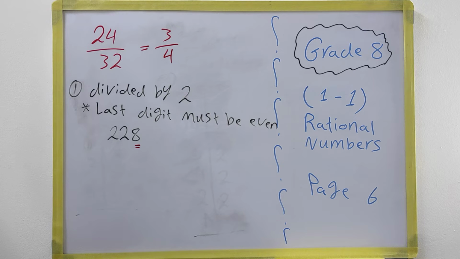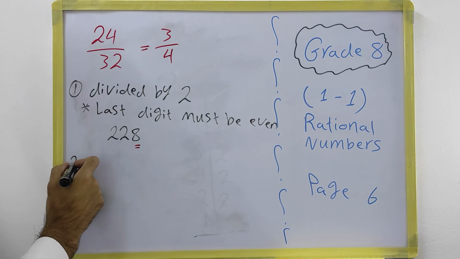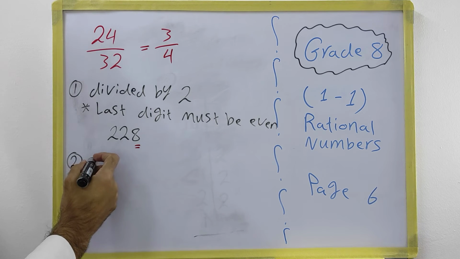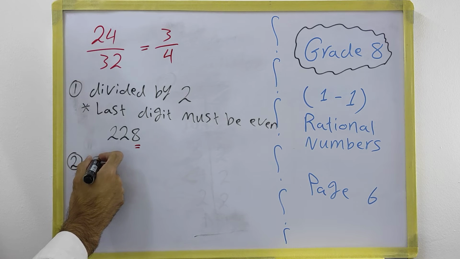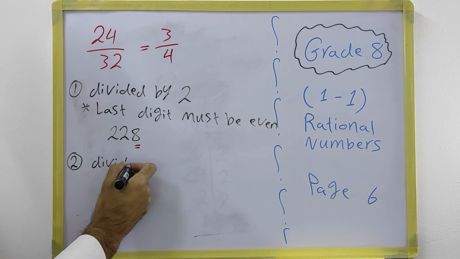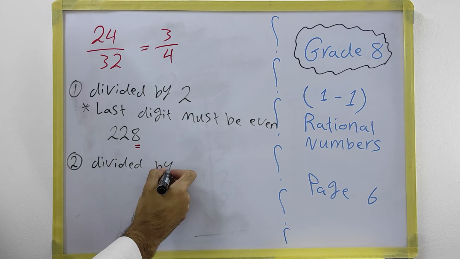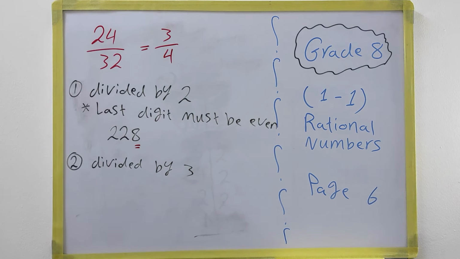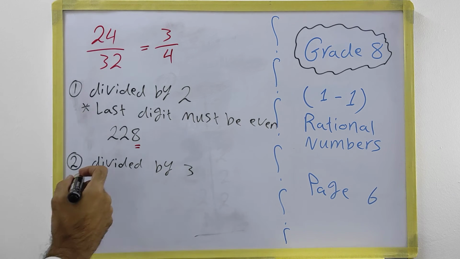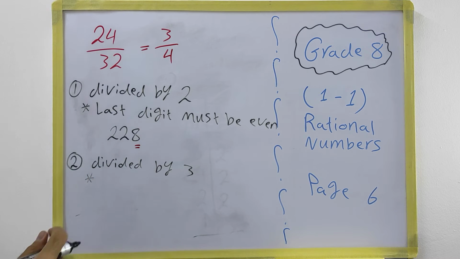The second one, to be able to divide by 3. In divisibility by 3 we have what? The sum of all digits.